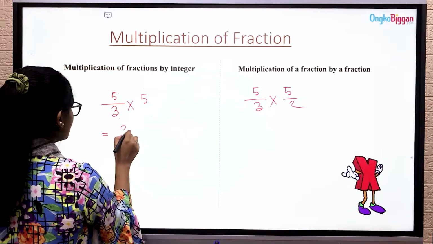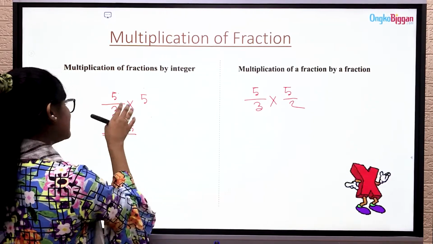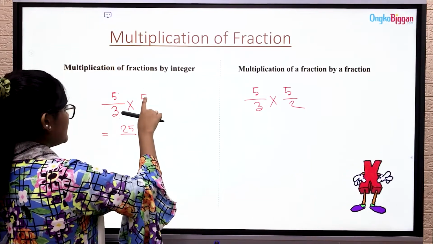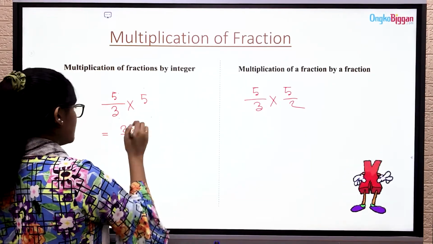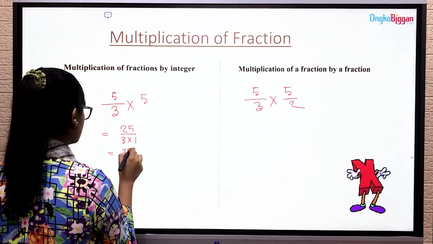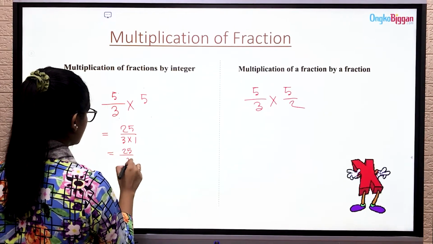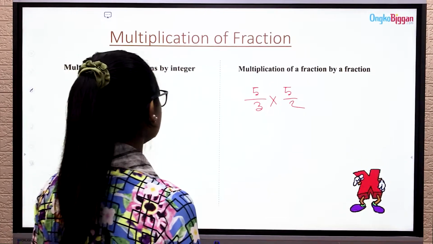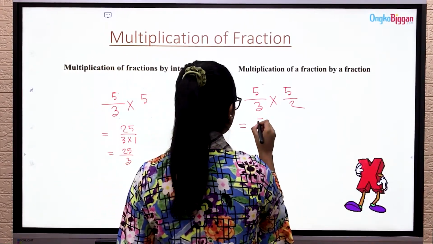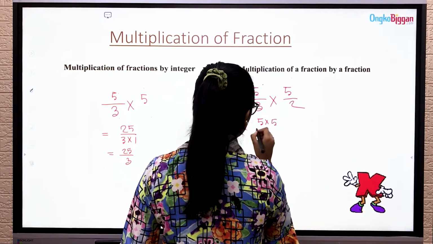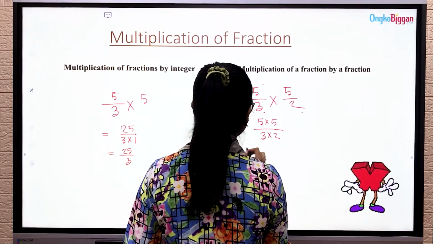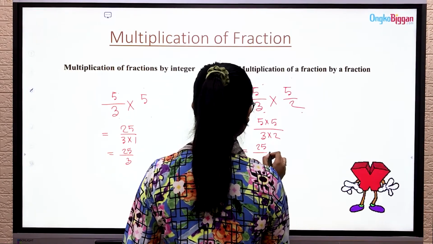So 5 into 5, 25. As in this case we don't have any denominator below 5, but there is a 1, so it's like 3 into 1, but you can avoid it if you want. That is 25 by 3. Similarly here, numerator by numerator, 5 into 5, and denominator by denominator, 3 into 2, that is 25 by 6.